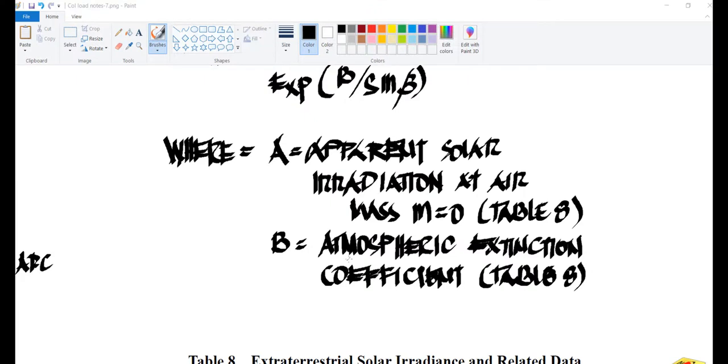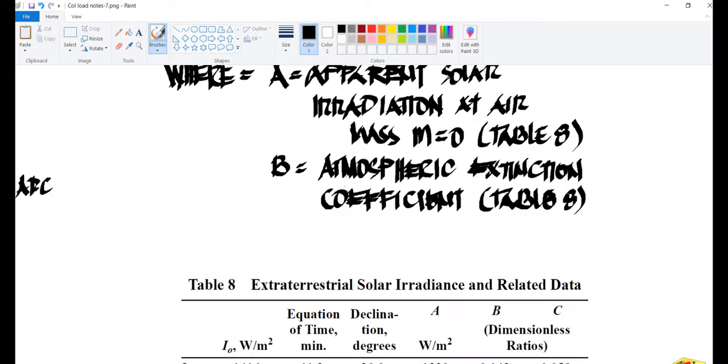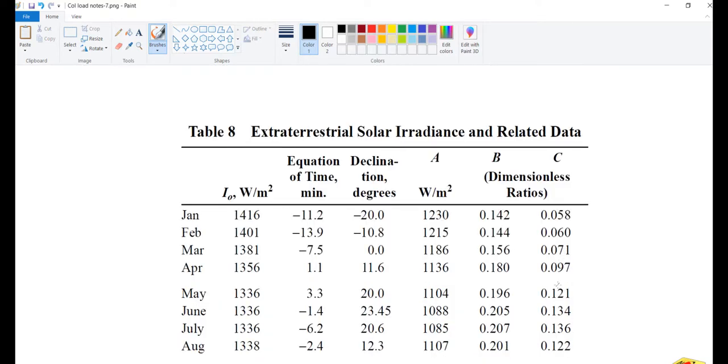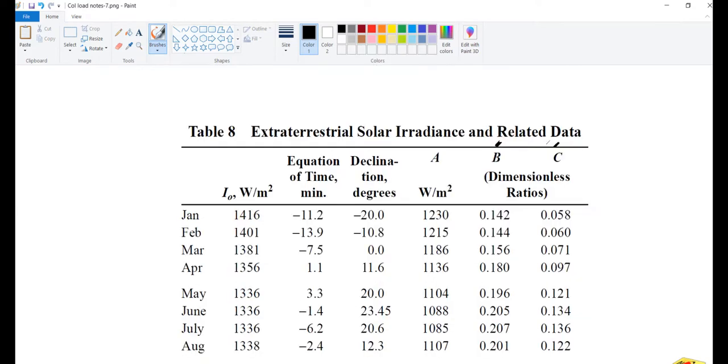And then we have your atmospheric extinction, that will be B, the extinction coefficient, which will also be found in table 8. So this is the table data for A, B, and C, and B and C are dimensionless.